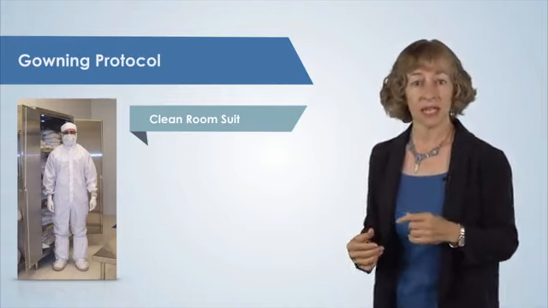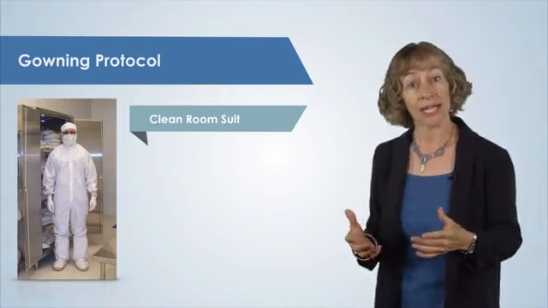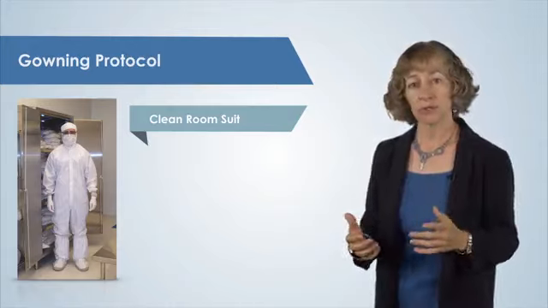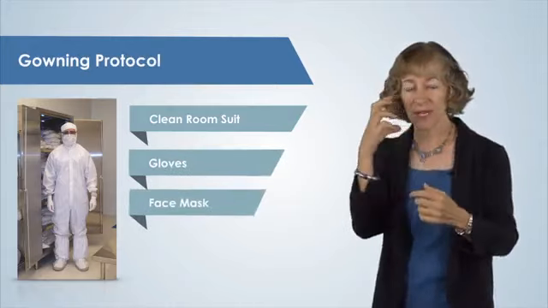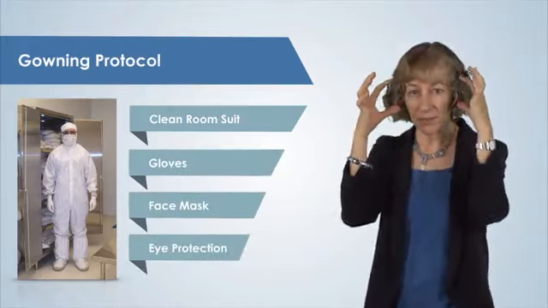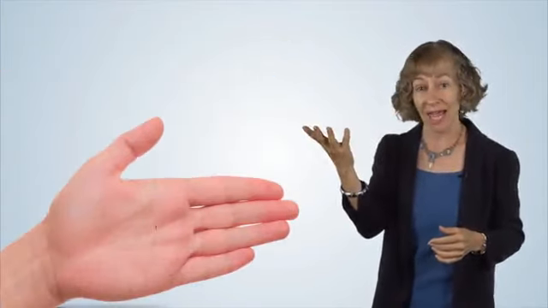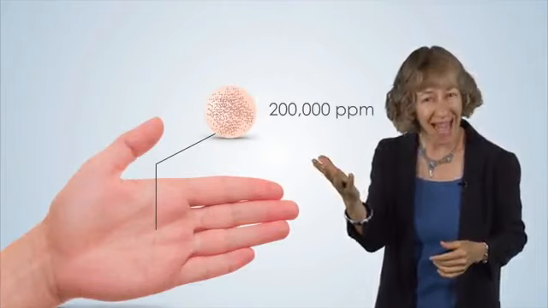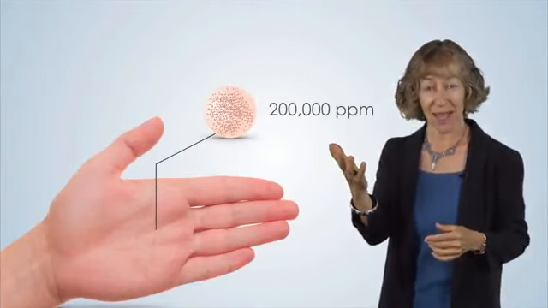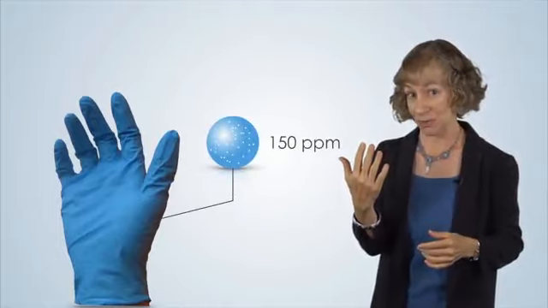To complete the clean room clothing process, which is called gowning, our clean room users put on gloves and a face mask and eye protection. The gloves make a big difference. A moving bare hand produces 200,000 particles per minute, and a gloved hand produces only 150 particles per minute.